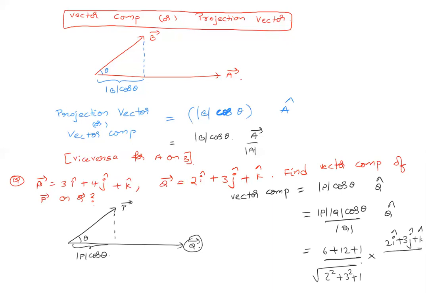That is under root 2 square plus 3 square plus 1 once again. So your final value is 12 plus 6 is 18, 18 plus 1 is 19, over 9 plus 4 is 13, 13 plus 1 is 14, so 19 by 14 times 2i cap plus 3j cap plus k cap.